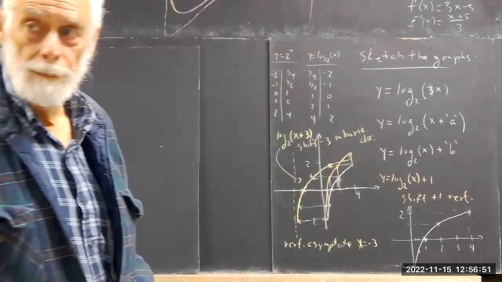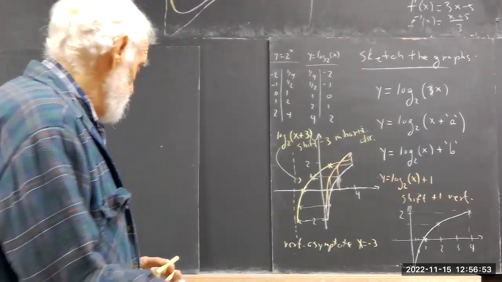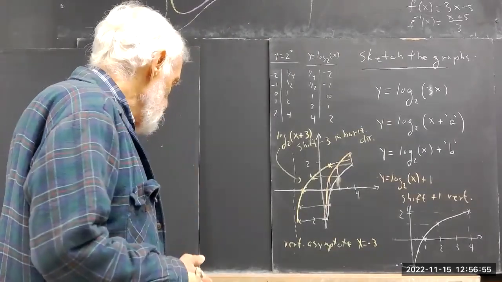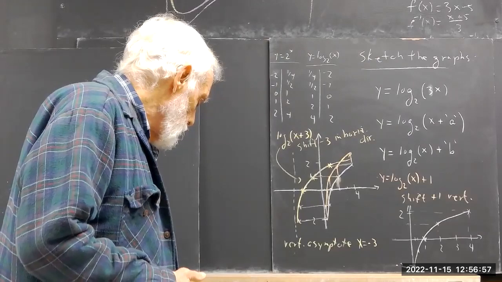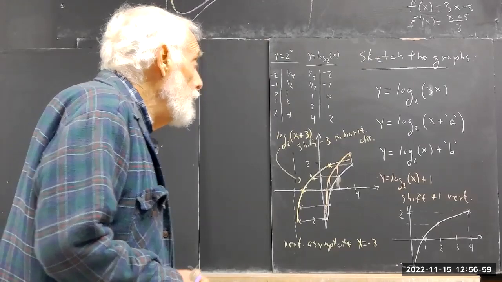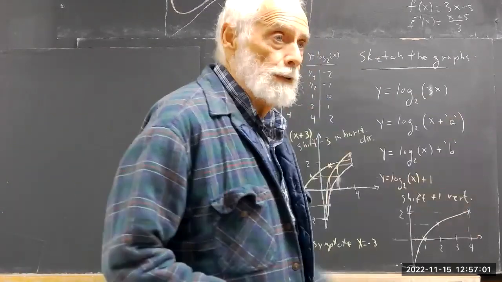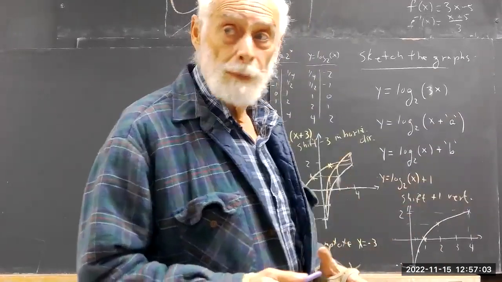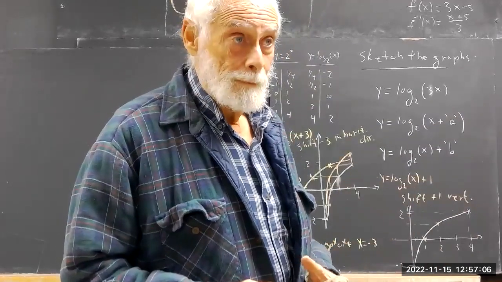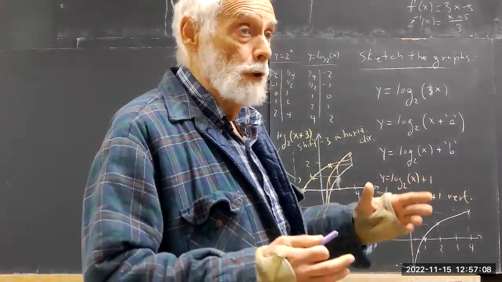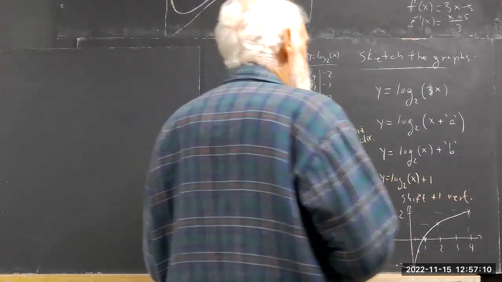So here's the graph. Log base 2 of 3x, horizontally compressed by a factor of 3. Every point moves 3 times closer to the y-axis.